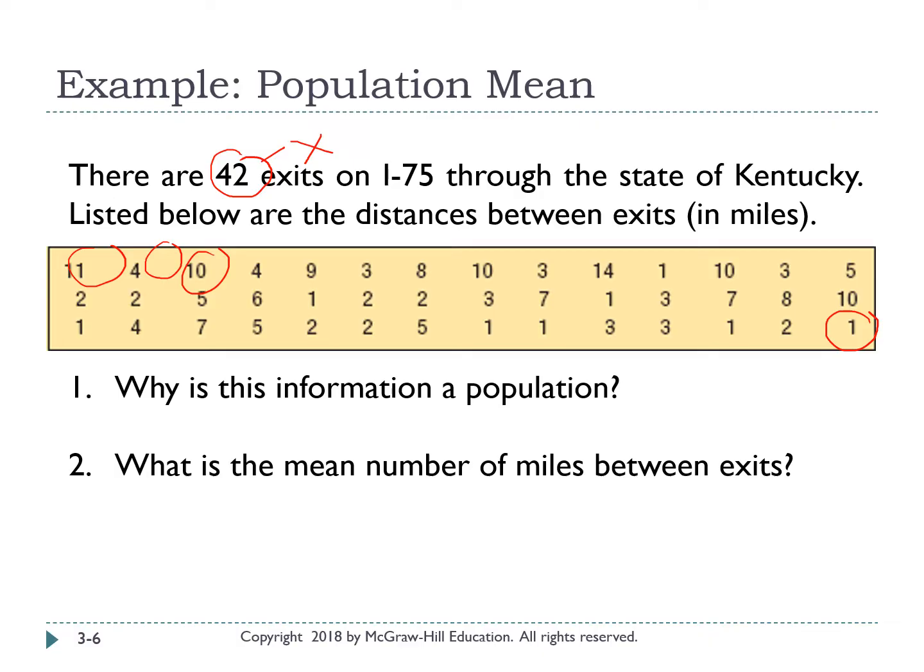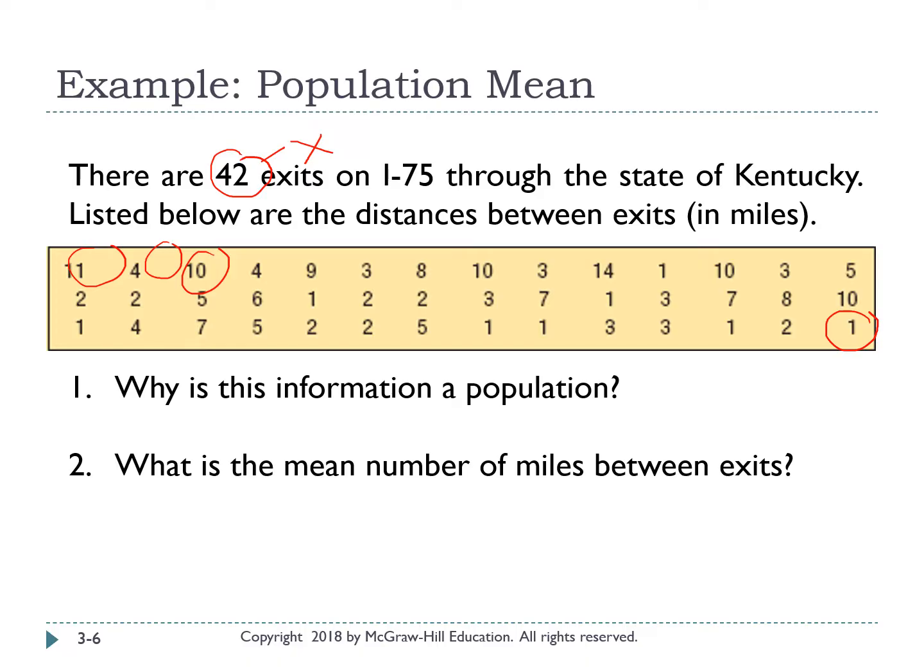Let's look at the question. Why is this information called your population? Remember, you should be able to distinguish between population and sample. When we talk about population, it refers to the entire set of individuals or objects. In this case, you have all 42 exits in the state of Kentucky, so you are taking into account all the exits in the state.